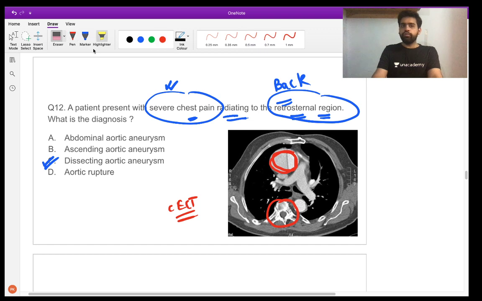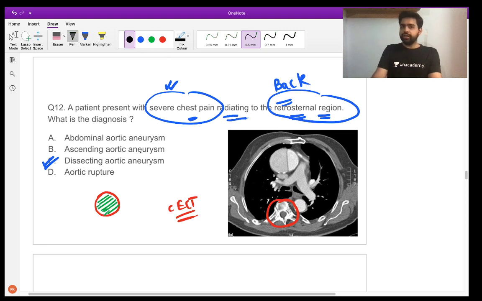Now let us talk about why it is a dissecting aortic aneurysm. I hope you can appreciate that the diameter of the aorta is increased. Now, if you put a dye in a contrast enhanced CT scan, the dye should be taken up homogeneously, in totality, inside the aorta.